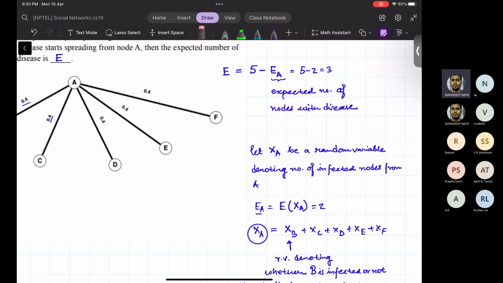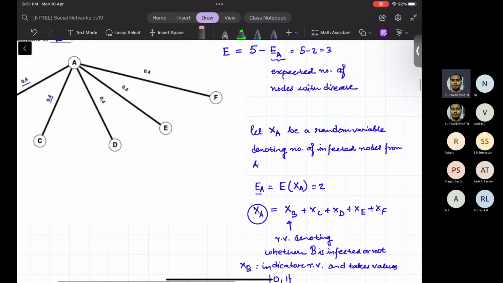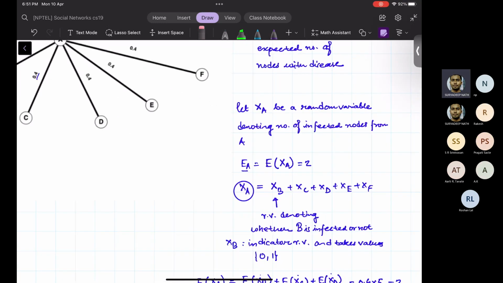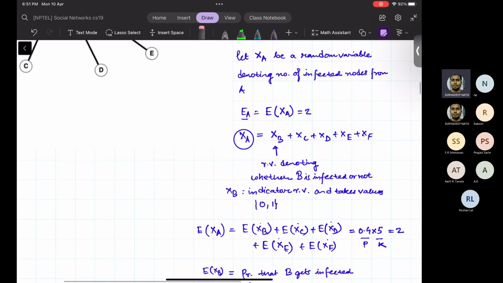Now XA is a sum of five random variables XB, XC, XD, XE, and XF, which are indicator random variables that take value zero or one, depending on whether the node is infected or not. Therefore, if we take the expectation of XA, by the linearity property of expectation, E of XA would be E of XB plus E of XC plus E of XD plus E of XE plus E of XF.